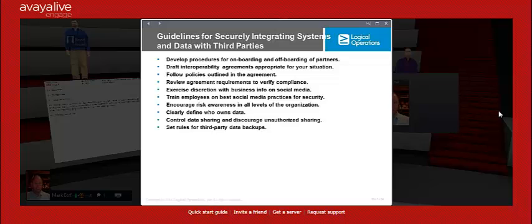Training users, good idea. They need to be aware of what to do and what not to do vis-a-vis Twitter and Facebook and those kind of things. Risk awareness, basically.